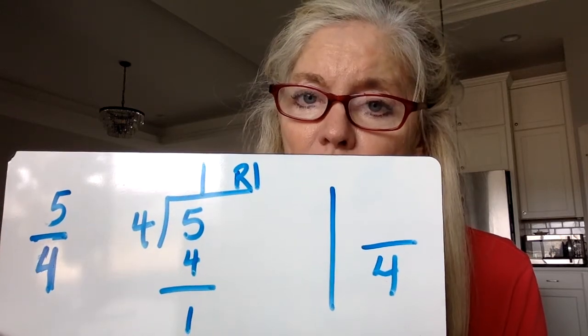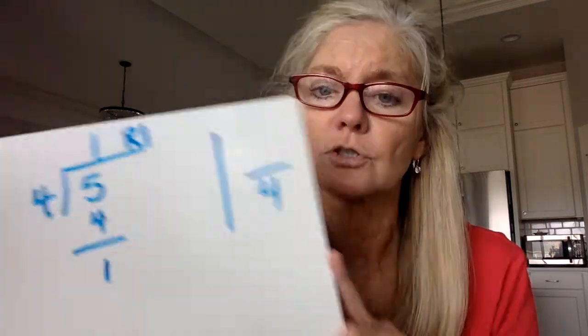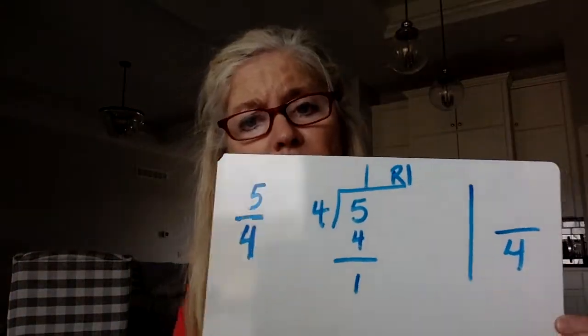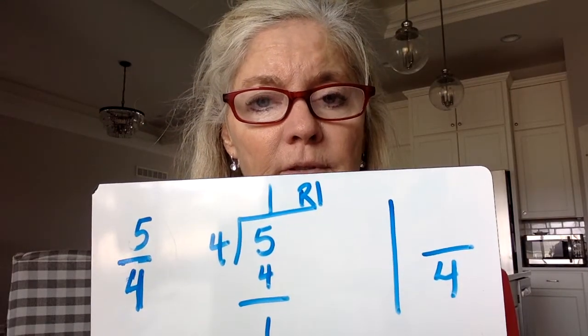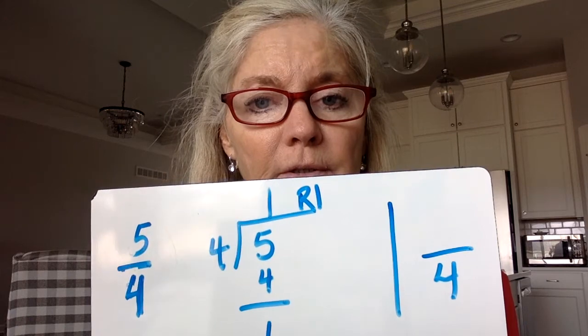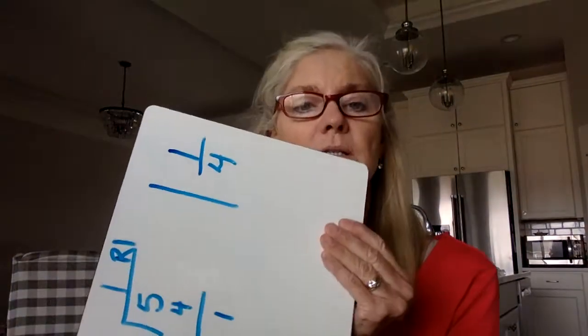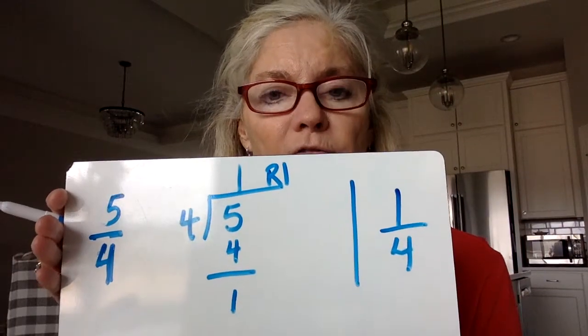The denominator does not change. So the denominator in our mixed number is going to be a 4. How do we know what goes on top? Whatever was our remainder is the top. The remainder will be the numerator. Okay? So the numerator in this case is 1. So my answer is 1 1/4.